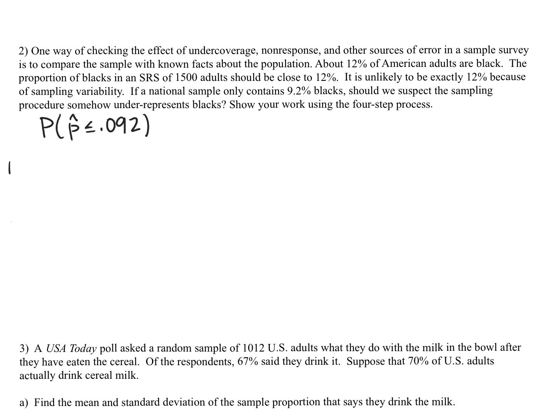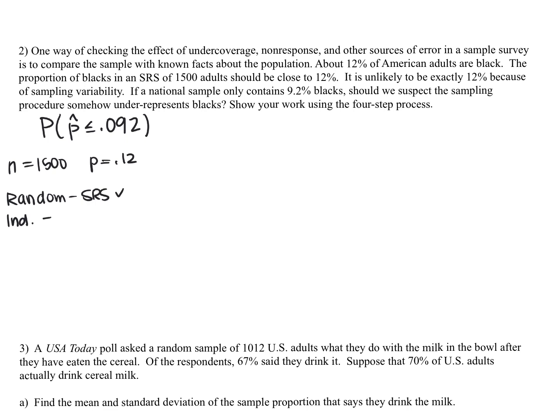So we want to check our 3 conditions. The first one, forgot to mention n. So n is 1,500, p is 0.12. Now we're going to check our conditions. First, random. It is stated in the problem that we are collecting our sample through an SRS, so our random condition is met.